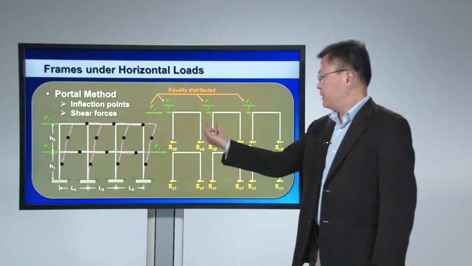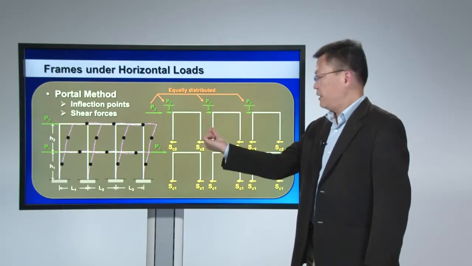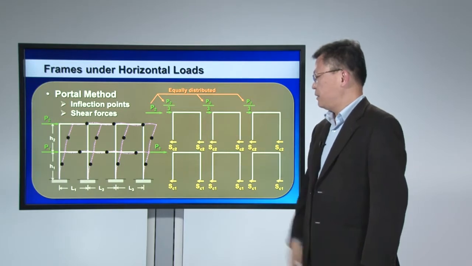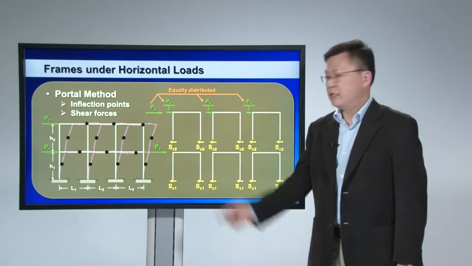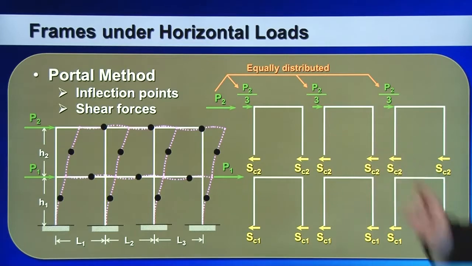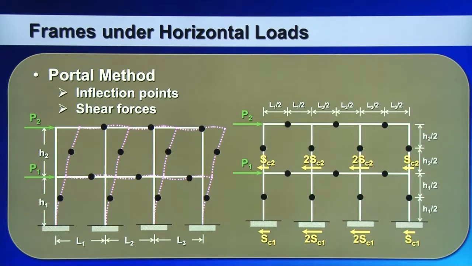But as the inner columns are shared by 2 bays, the shear force for the inner columns is 2 times the shear force of the outer columns. So this is the portal method that people use to analyze frames under horizontal loads.